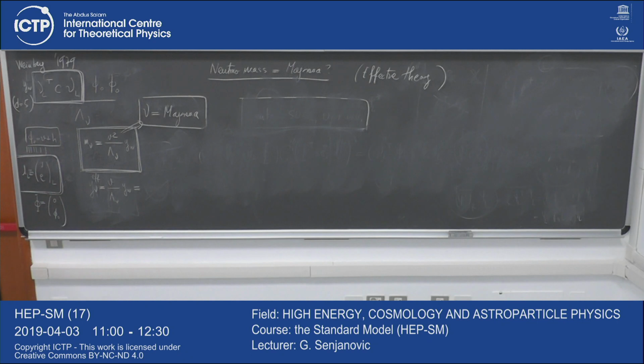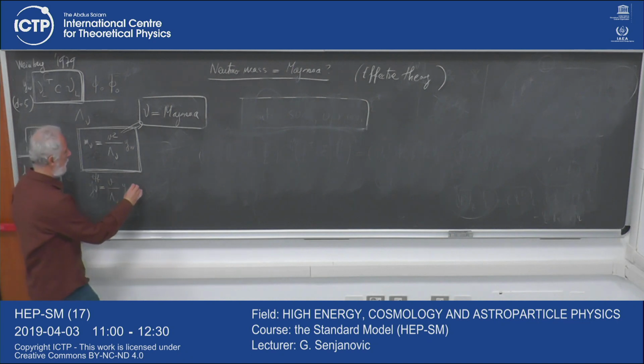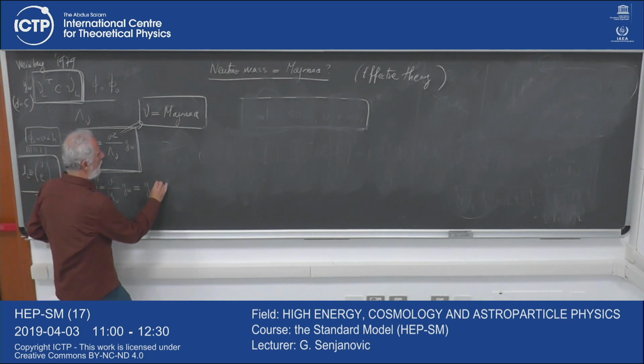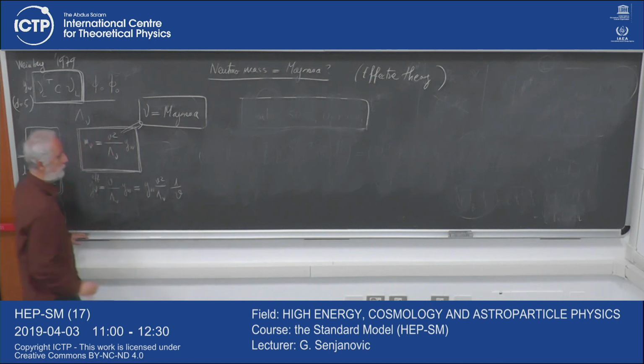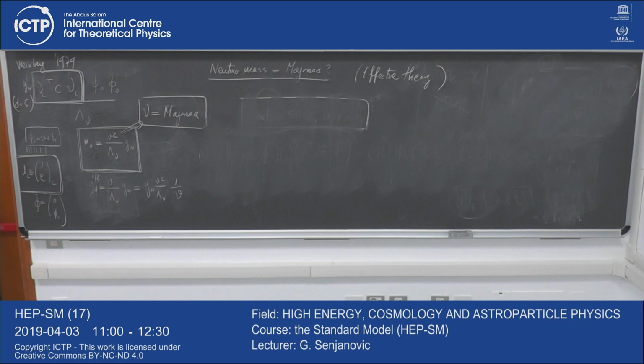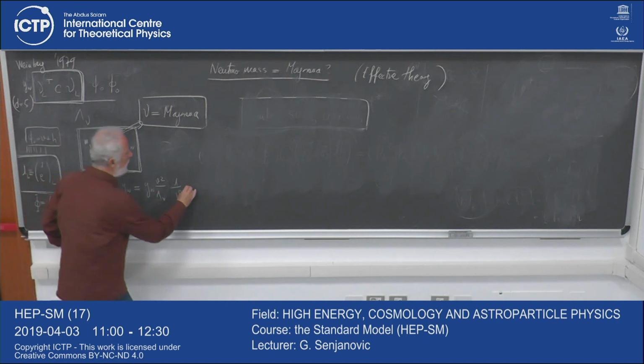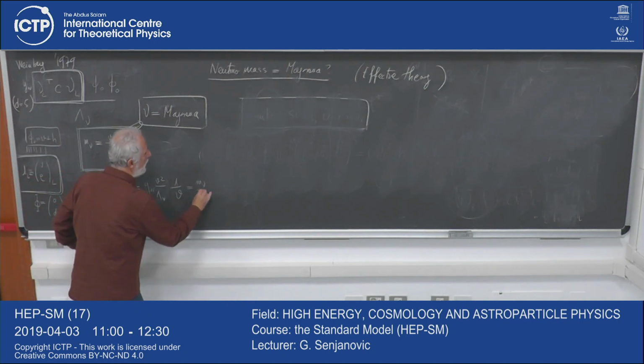I should write it in a better manner, because I could write this as Yukawa W v squared over lambda nu, times 1 over v. What is this? This is M nu over v.